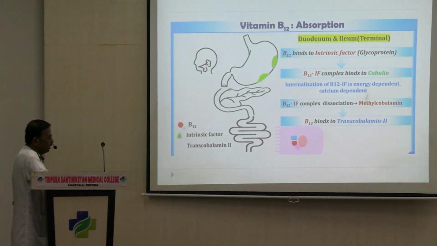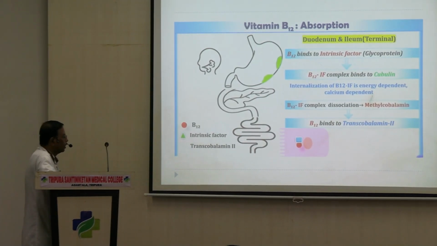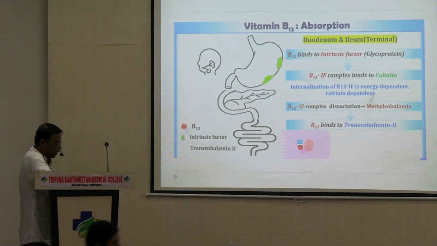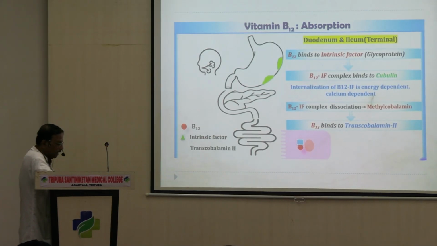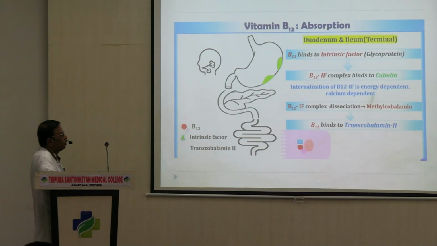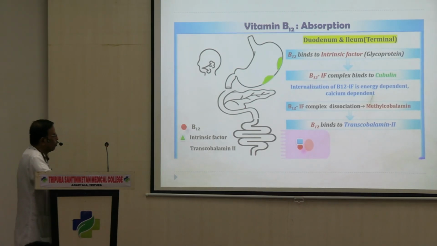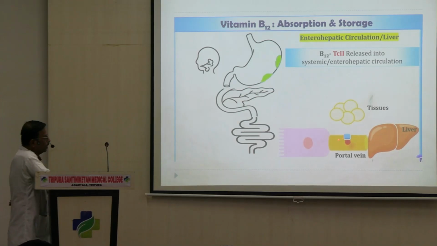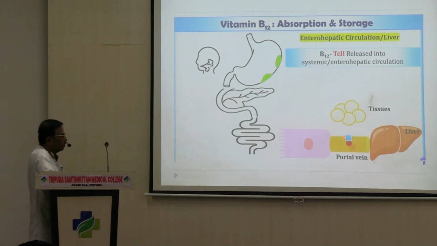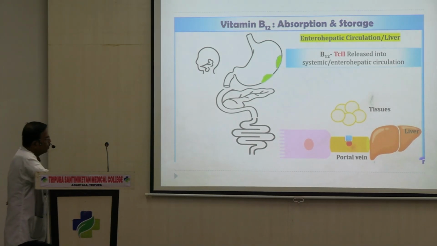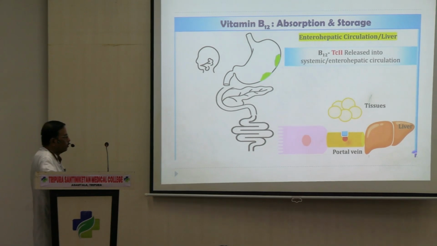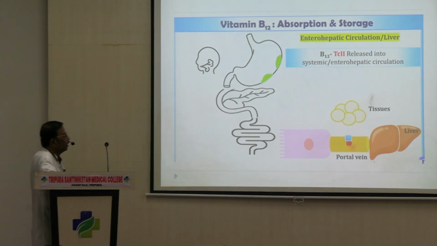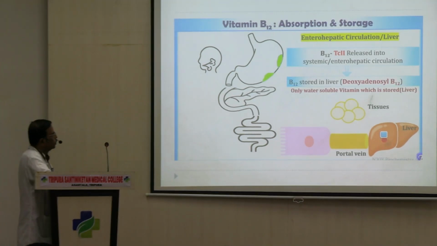This transcobalamin brings the vitamin B12 to the basal area of the cell, and from there it dissociates again from the intracellular transcobalamin. It passes to the portal vein, where it again binds with transcobalamin 2. From there, some of the vitamin B12 is carried to the liver, and some is carried to the tissues where it is to be used.